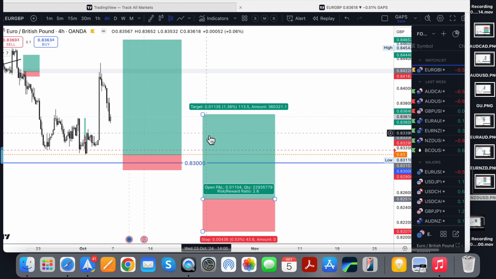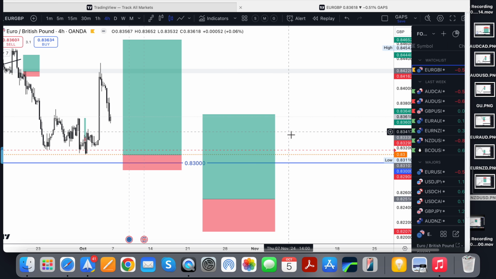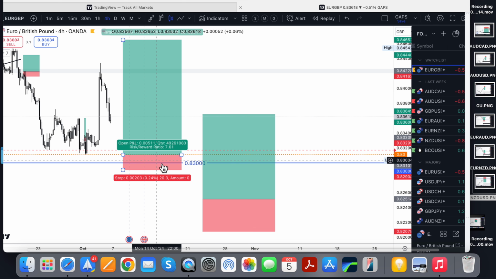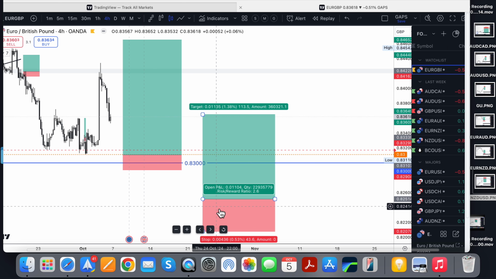We're looking for a break of structure on the 15 minutes. So the strategy is, this is a point of interest. When we get to this area, we don't just enter a trade blind. We look for confluences. We look for the big wicks, the big tails, big engulfing candles, breaks of structure. So that's your entry criteria.